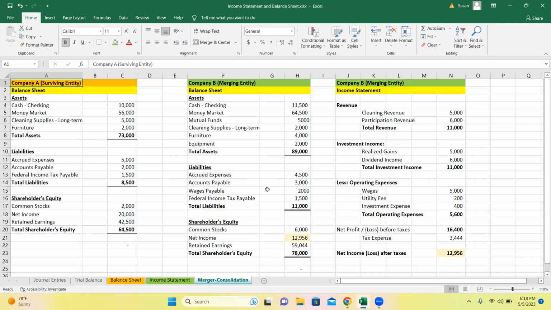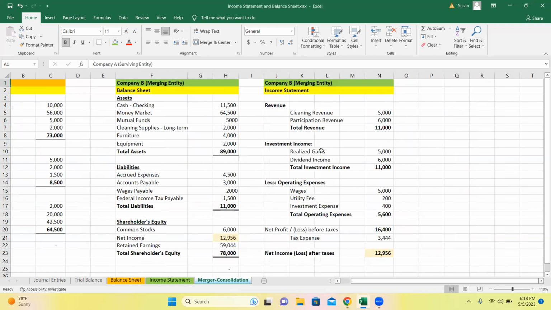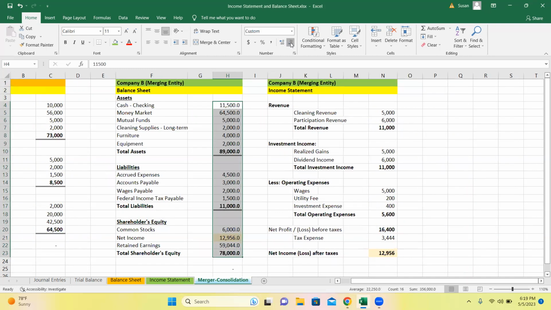So you ask, how do we do it? Well, looking at Company B right now, since these are year-end numbers, the numbers are good to go.